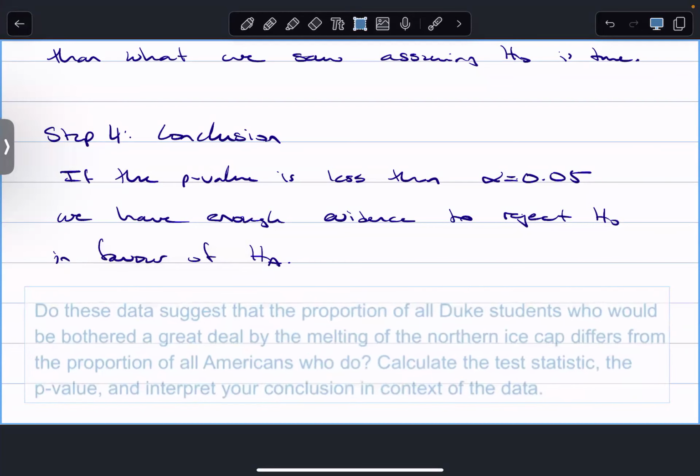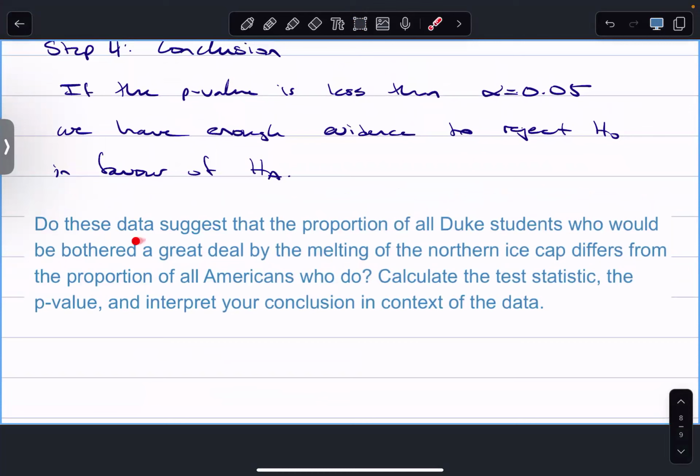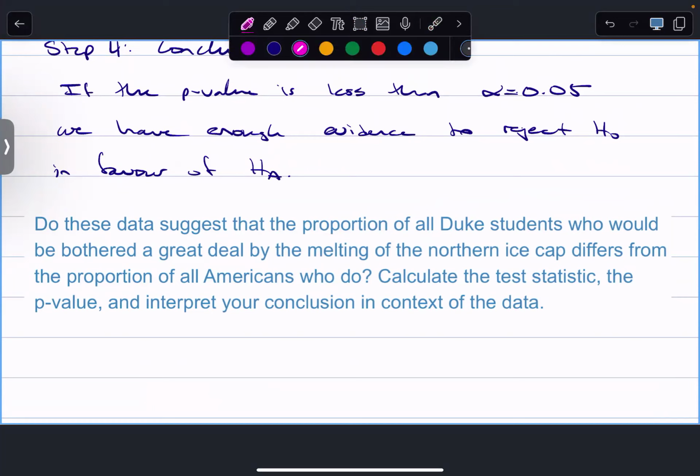So for our example, do these data suggest that the proportion of Americans, and I'm just going to do that switch again so we have group 1 and group 2, who would be bothered a great deal by the melting of the northern ice cap differs from the proportion of all Duke students who do.